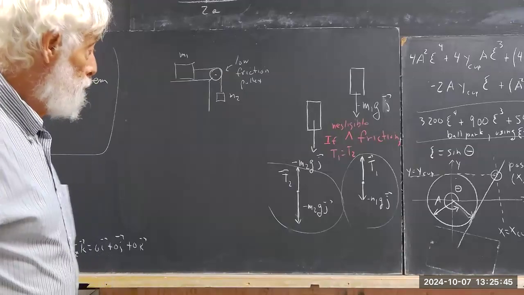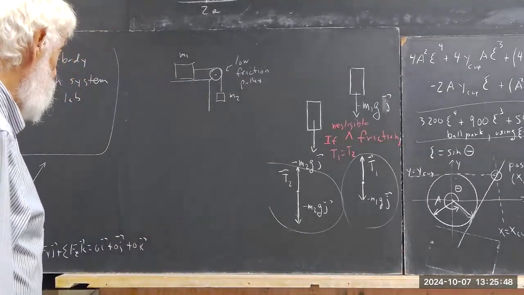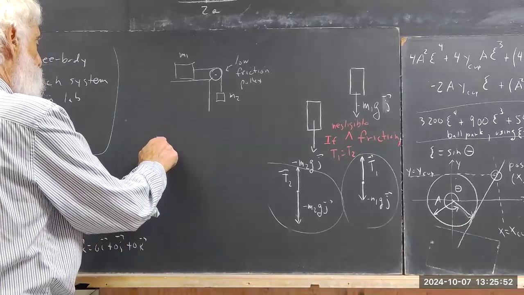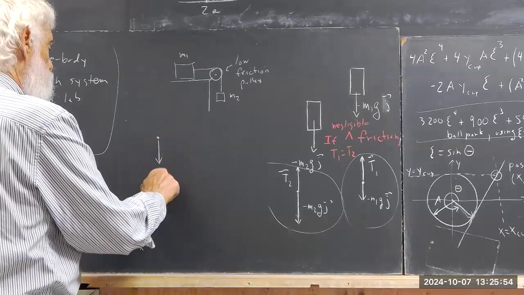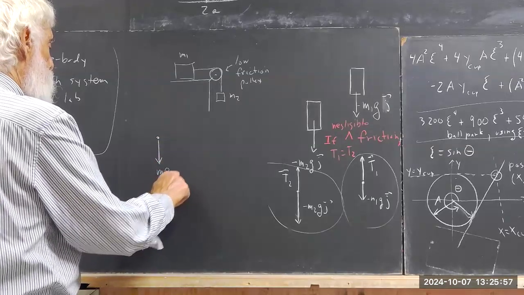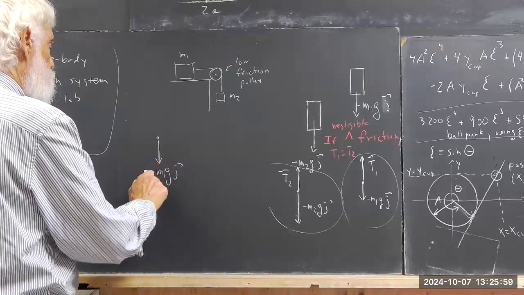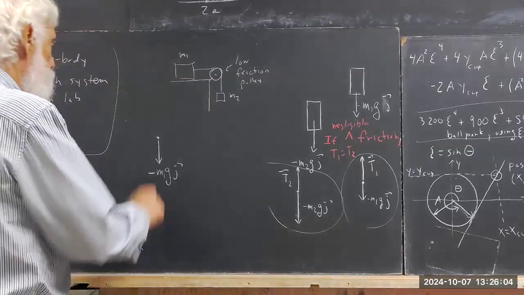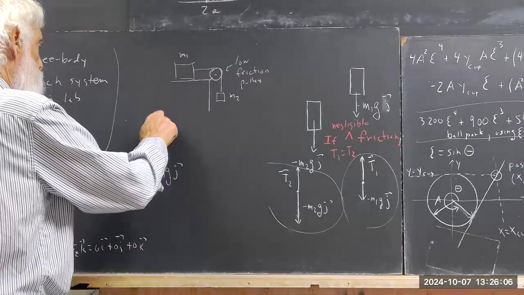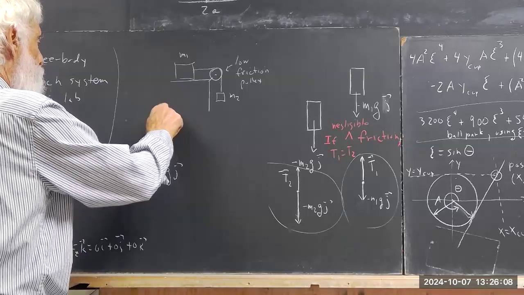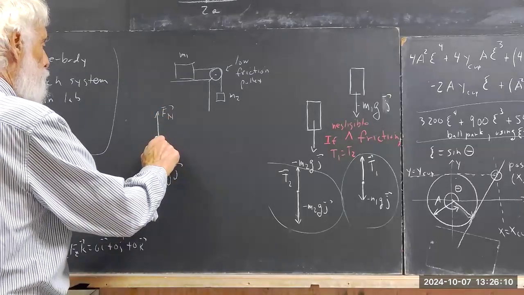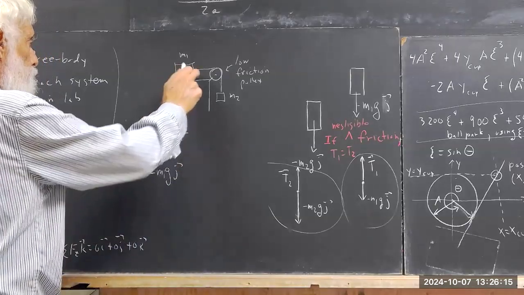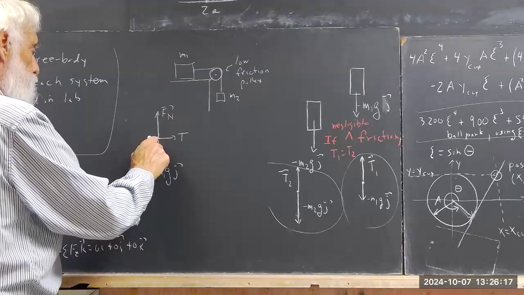Over here, you've got mass M1. So let's see, you've got M1 G, right? Multiply that by j, put a negative, you've got the net. You've got the normal force. You've got a tension, and the tension here is the same as the tension here.